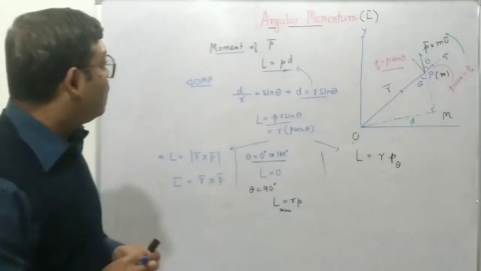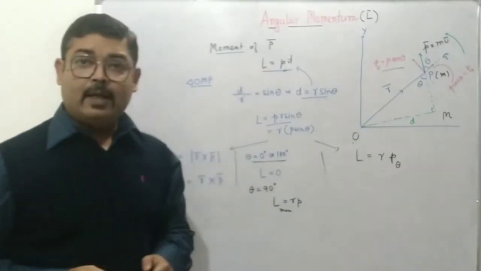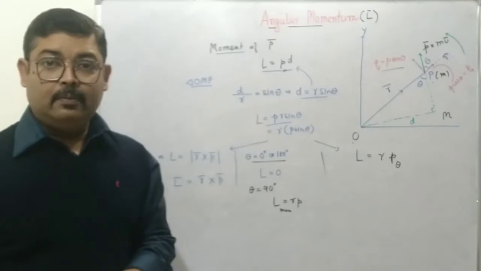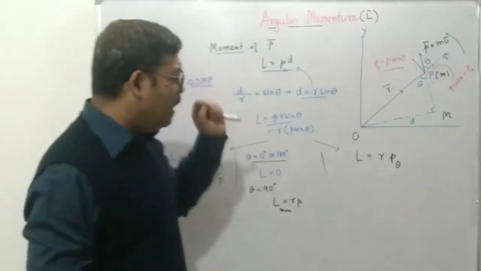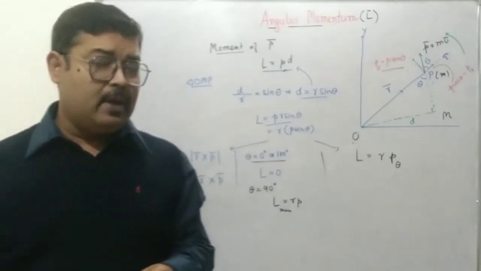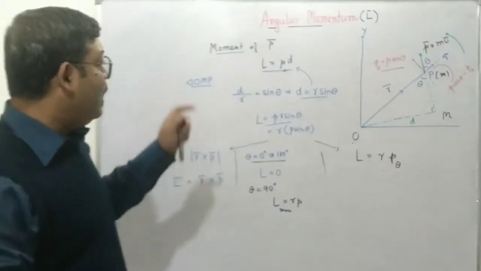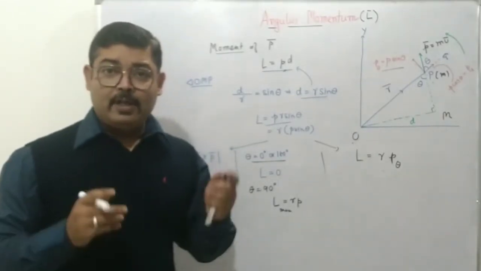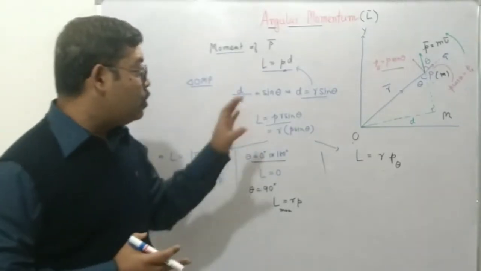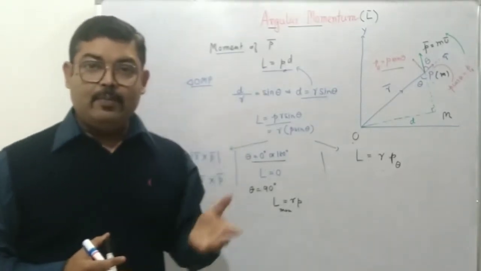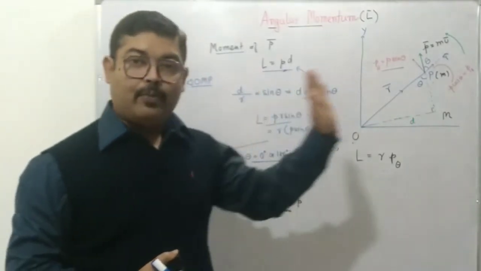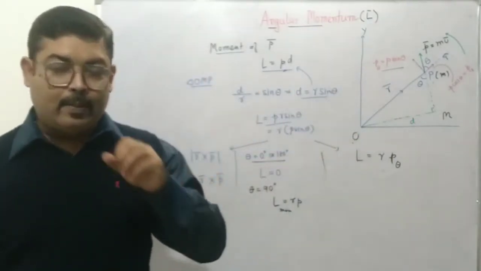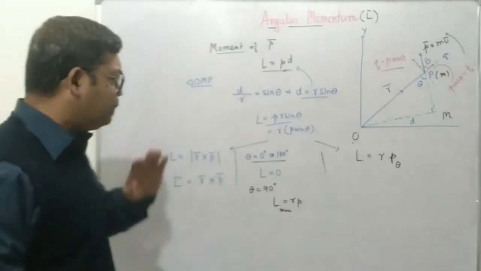Okay, what is the physical significance of this angular momentum? Now, if you remember, in the chapter about Newton's laws, we had defined momentum and we said that momentum is a measure of the motion of the body. When we said motion, we actually meant the translational motion, that is moving from one point to another in a straight line or some other path.